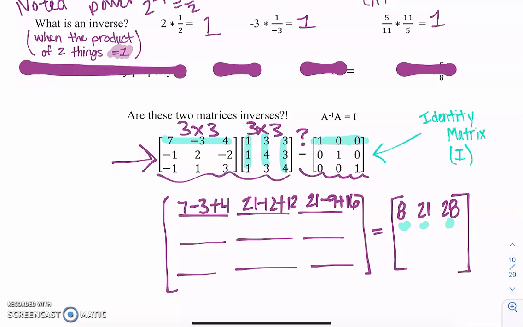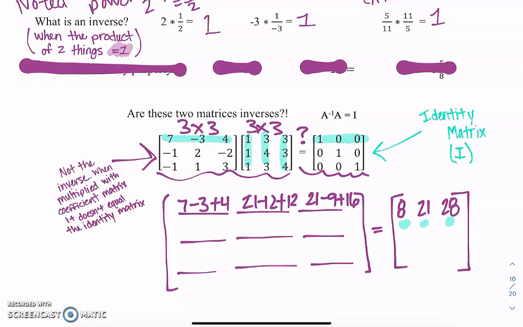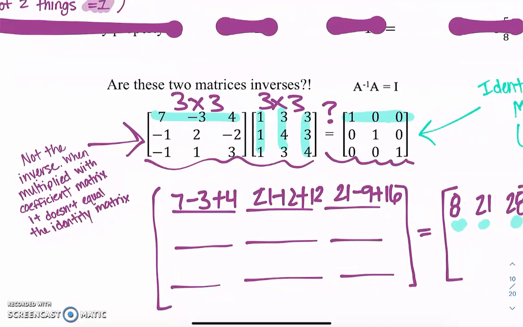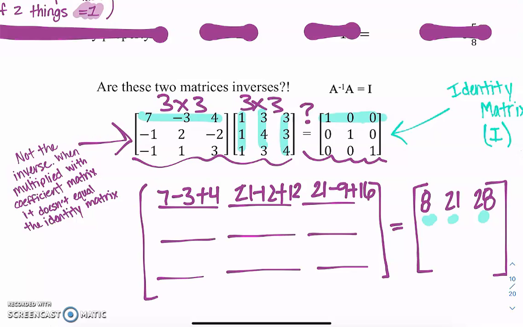Because we have 8, 21, and 28, I know that this matrix is not the inverse. You don't have to finish doing the multiplication, because as soon as you don't get that first spot to be 1, we could care less what the other ones are, because it's not going to work. You have to have 1, 0, 0, 0, 1, 0, 0, 0, 1. It has to be those values exactly, because we want only one x, no y, z.